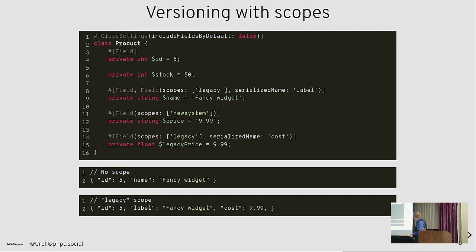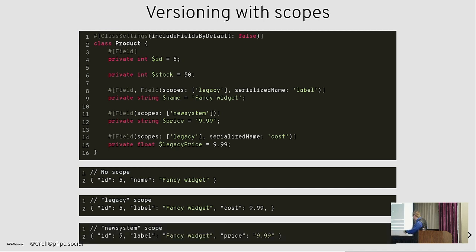If we call it with the legacy scope, then we get ID, because there's no override. We get name, but renamed. And we get legacy price renamed to cost, and this one gets ignored. And if we call it with a new system scope, then we get the ID, the label, and this price.